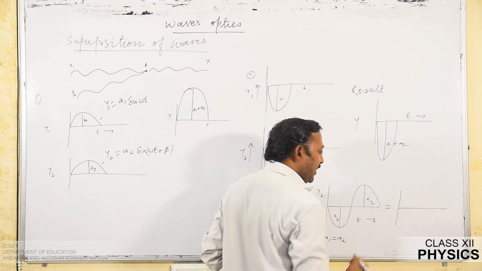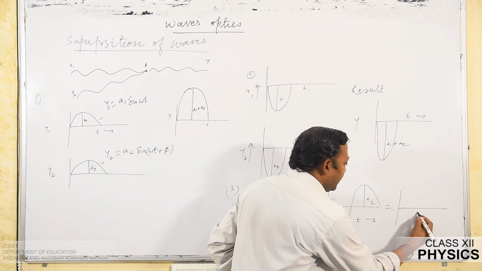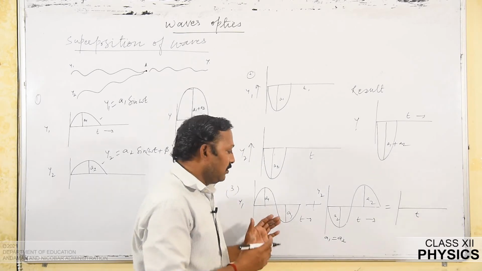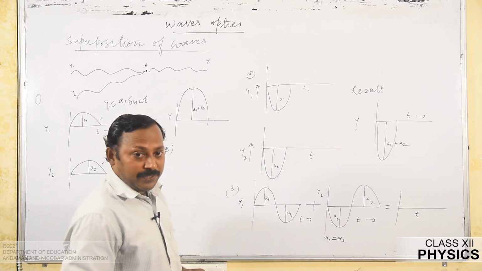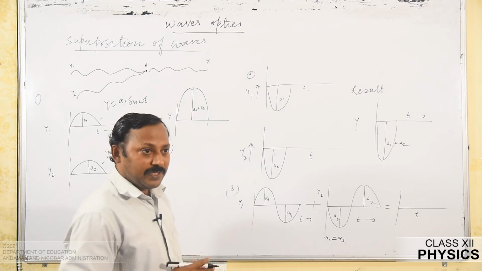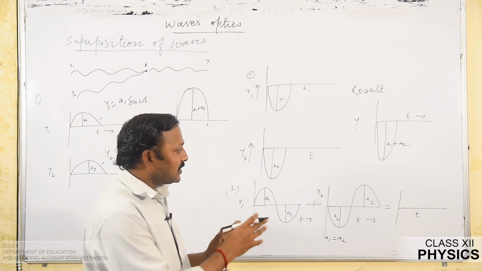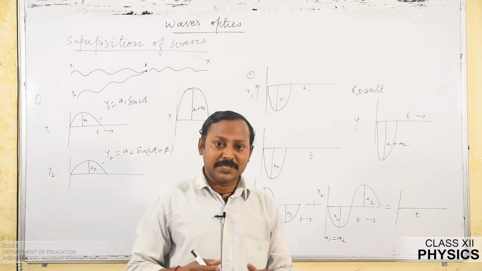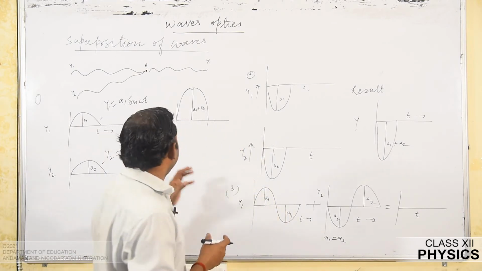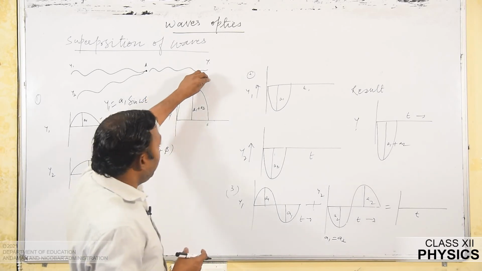Instead we will see a straight line graph that indicates standing waves. So this shows that when two waves have the same amplitude but are out of phase, the sum gives standing waves.